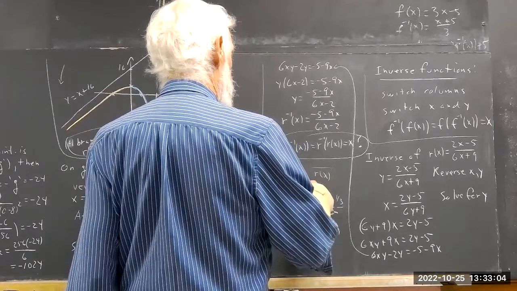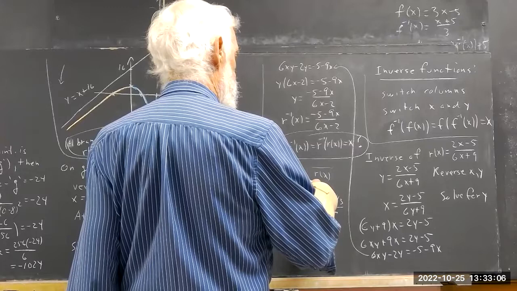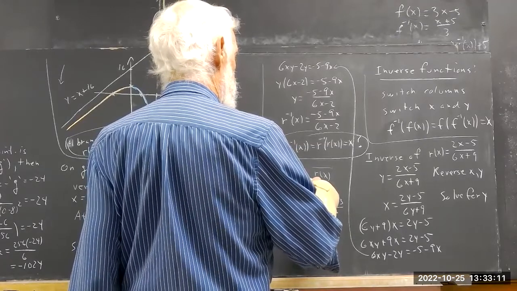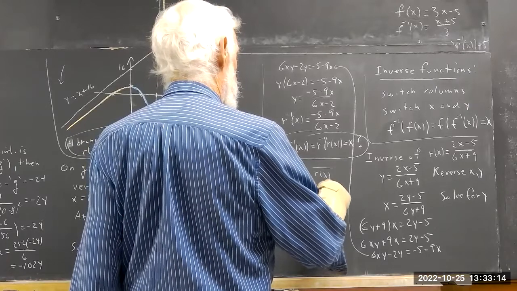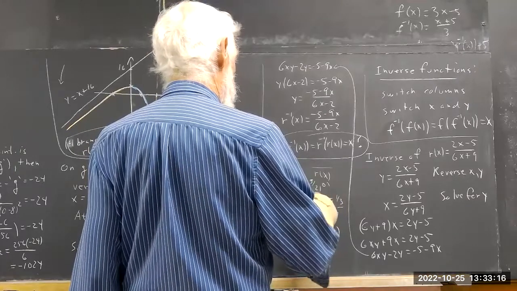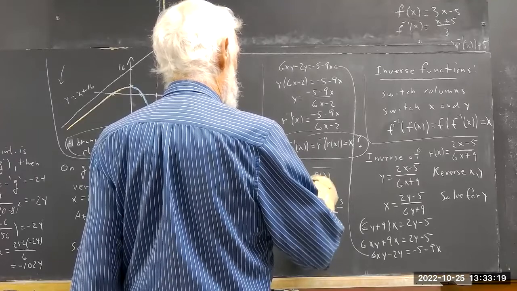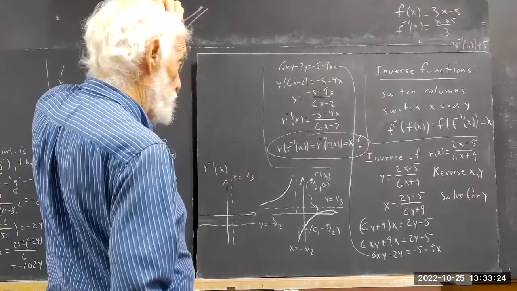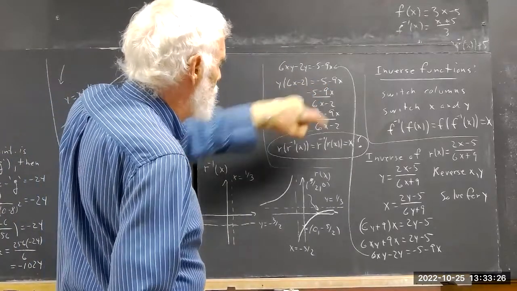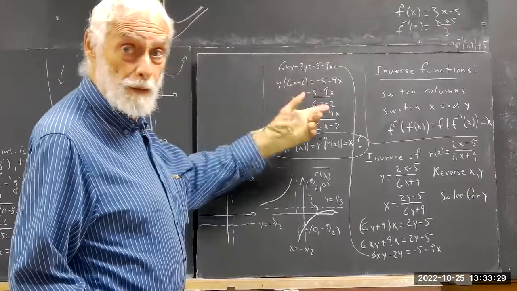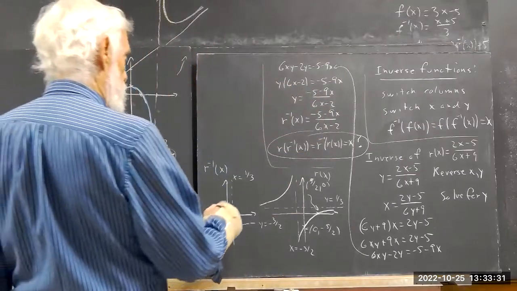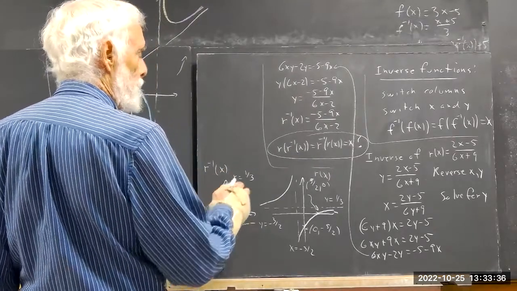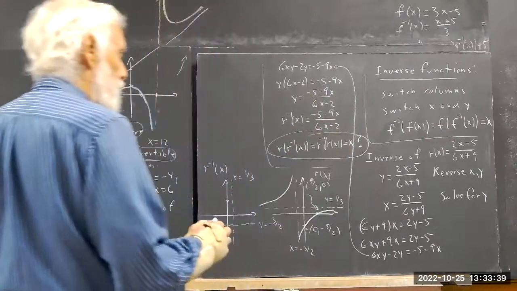And the x-intercept is at... So what I just said is, if x equals 0, y equals -5 over -2, which is 5/2. So now the y-intercept of this is at 0, 5/2.